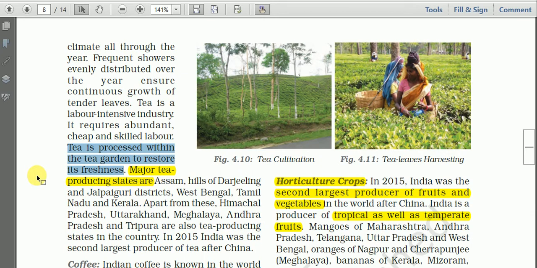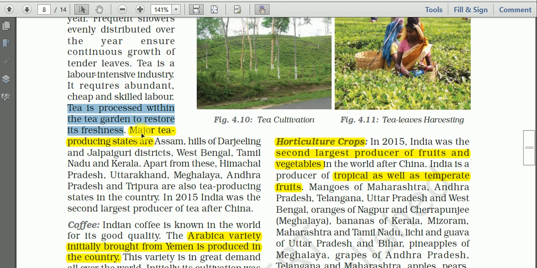If you visit ZNB Shonitpur in Assam, on the way you will see tea gardens, and in the midst of the tea garden you will see the tea industry also. Why a tea industry in the midst of a tea garden? To restore freshness.